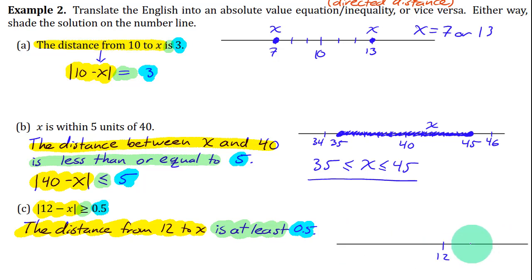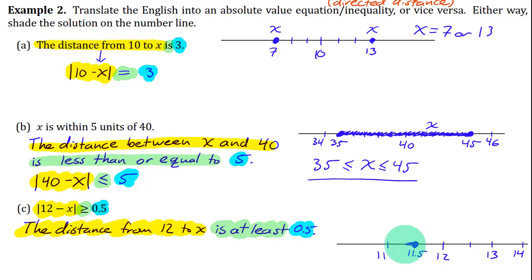Let's say that's 12, 12.5, and 13, 14 over here. And then let's have 11.5 and 11 over here. So we want to get the distance from 12 to x to be at least 0.5. Where would that be? Well, it could be at 11.5. That would work.